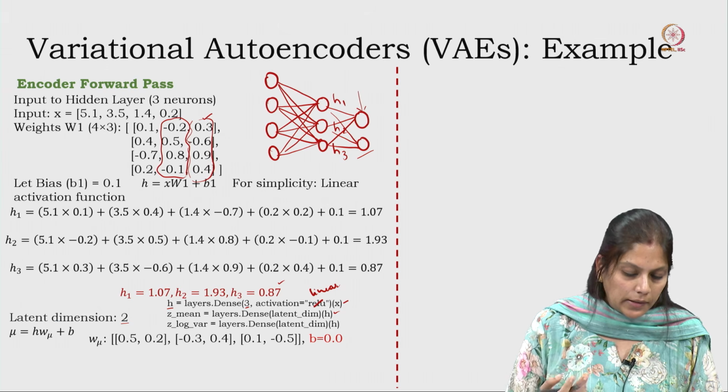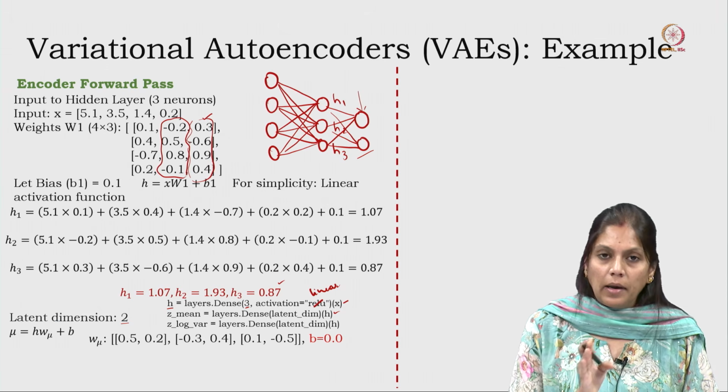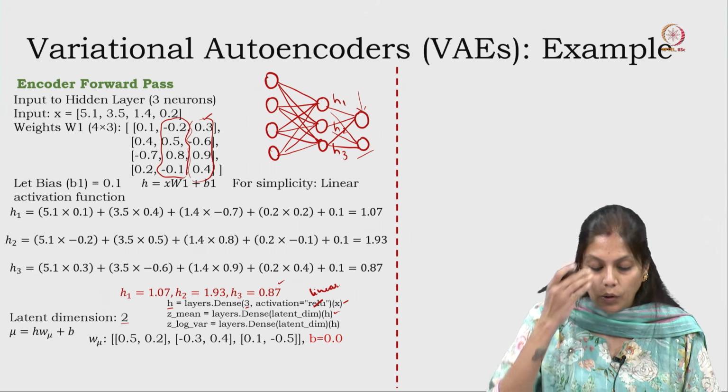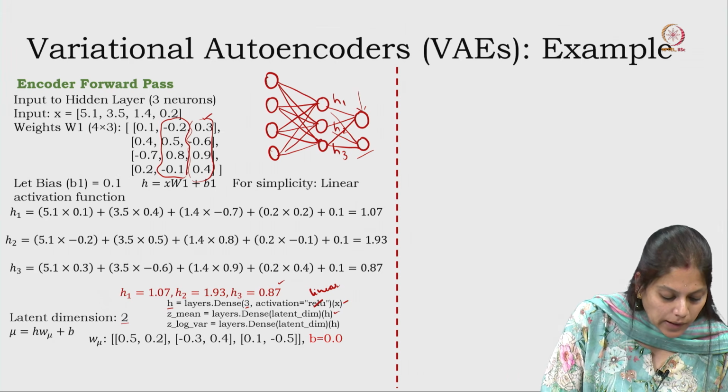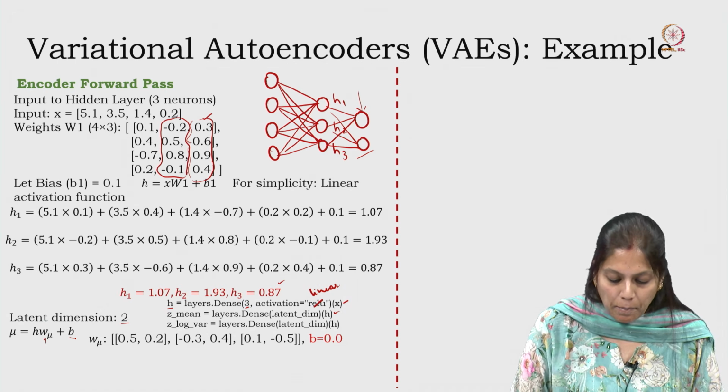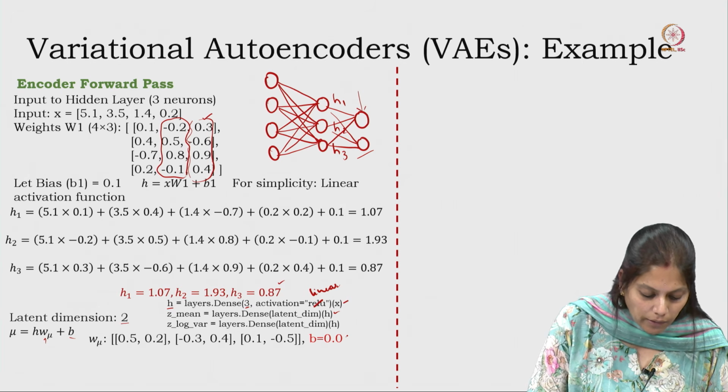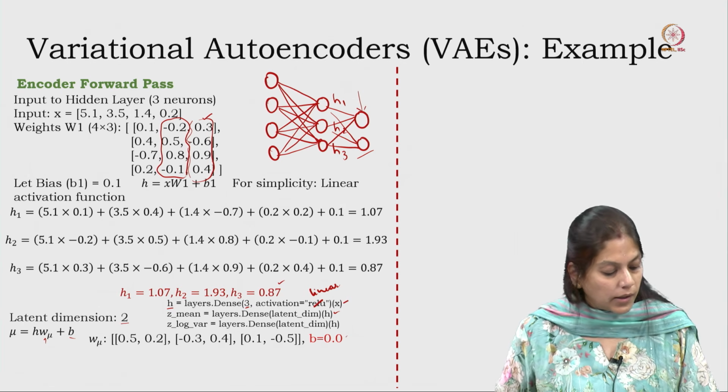So, what is the calculation? A simple one, again we are in the feed forward only. H is getting multiplied with its weights and then the bias term. Bias values are 0. These are the weights that we are considering.